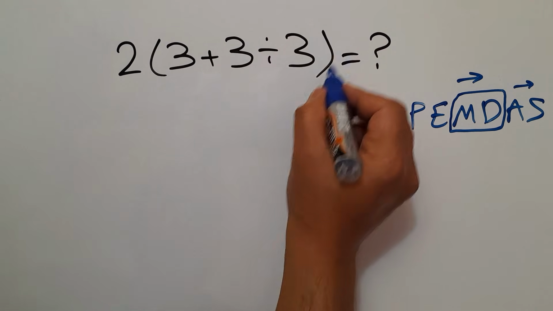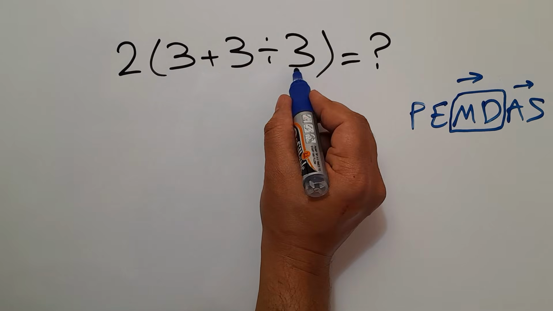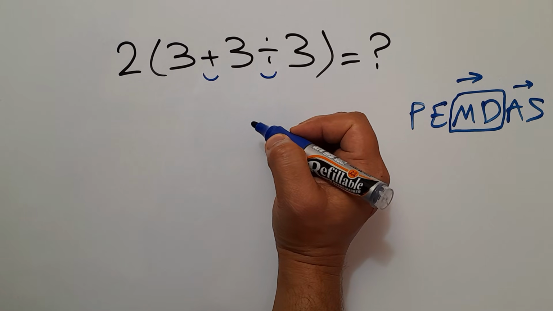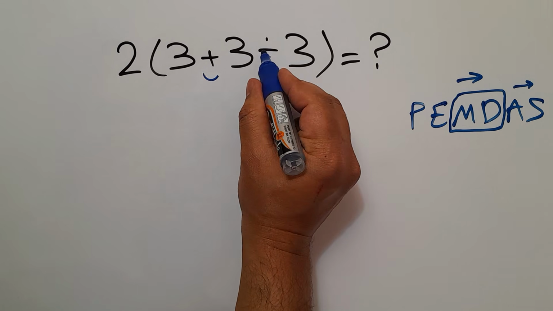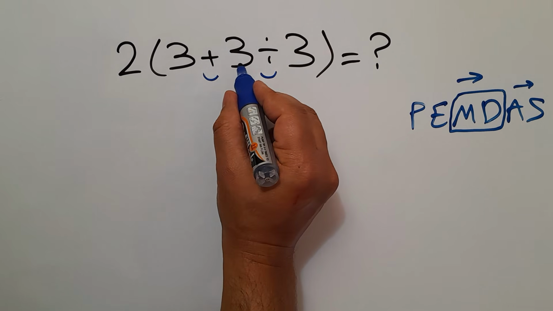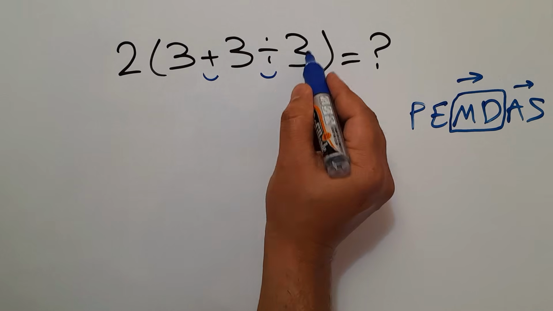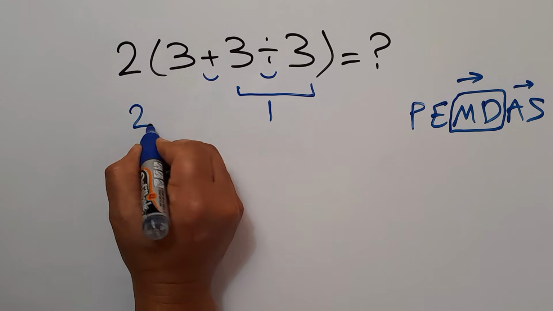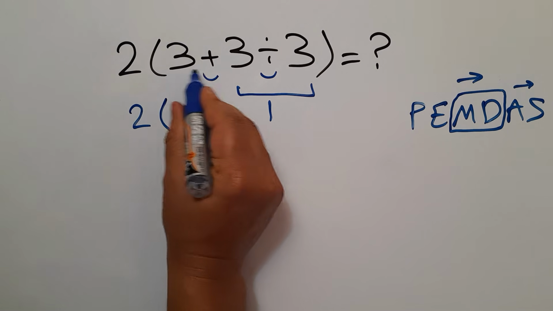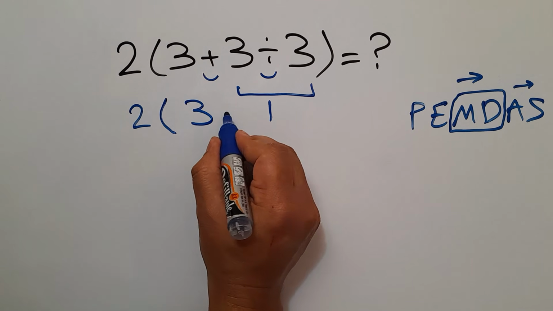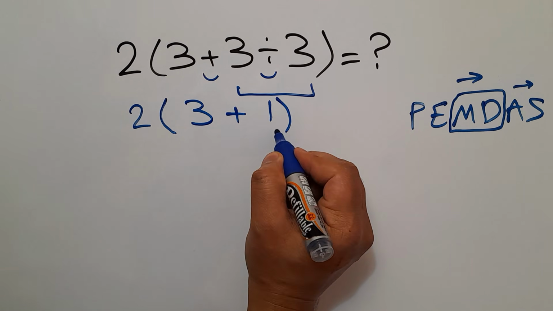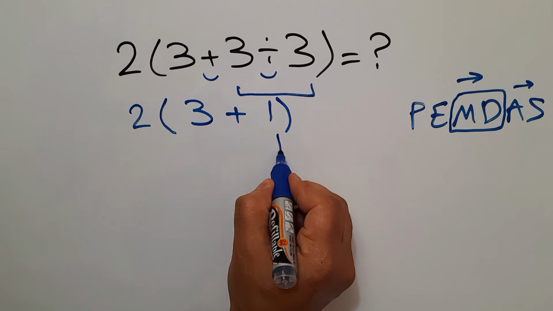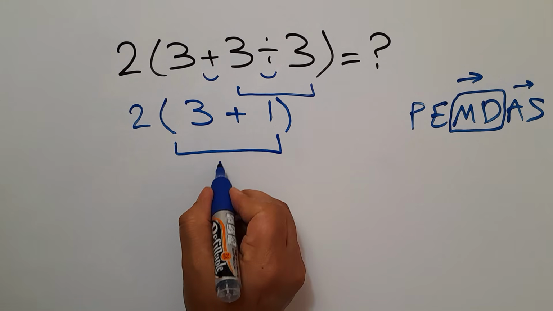Here we have these parentheses, and inside these parentheses we have this addition and this division. Division has higher priority than addition. So first we calculate 3 divided by 3, which equals 1. So we have 2 times 3 plus just 1, and 3 plus 1 equals 4.